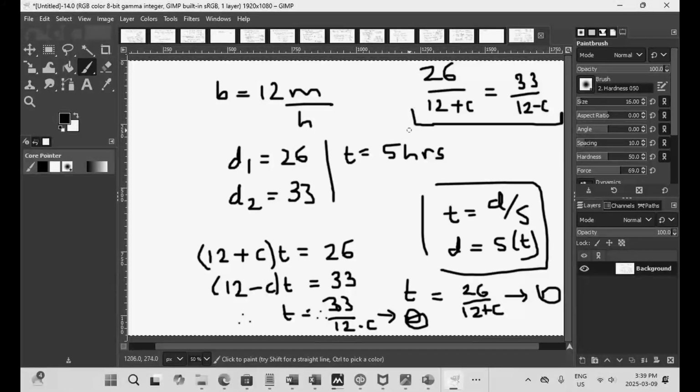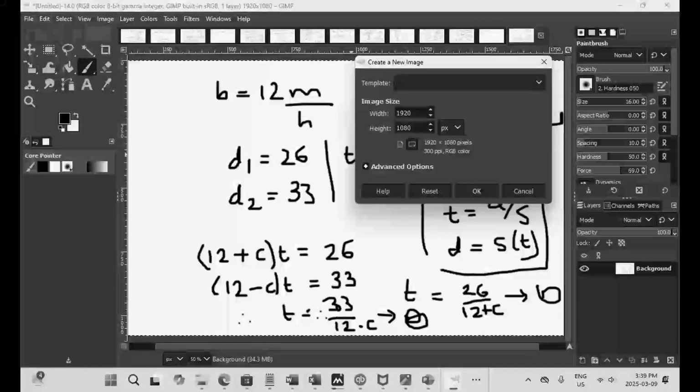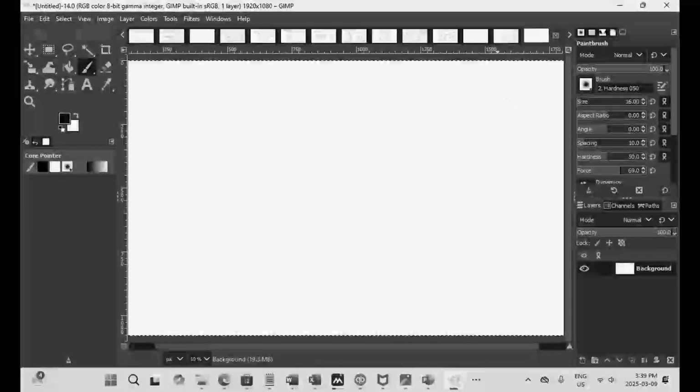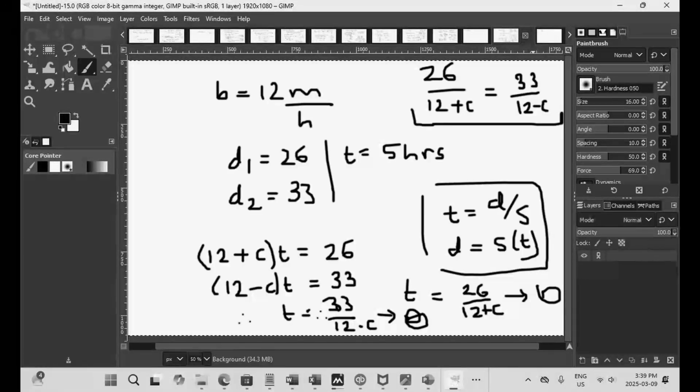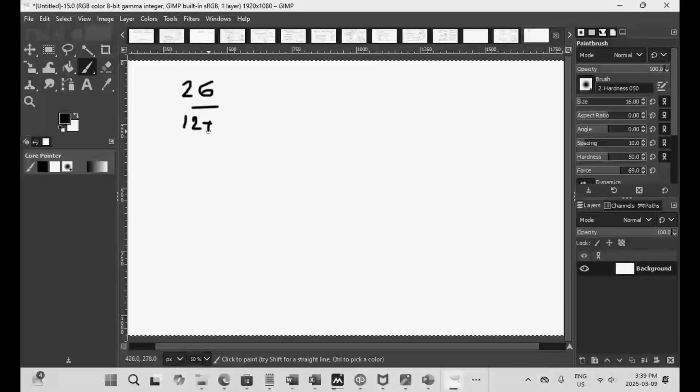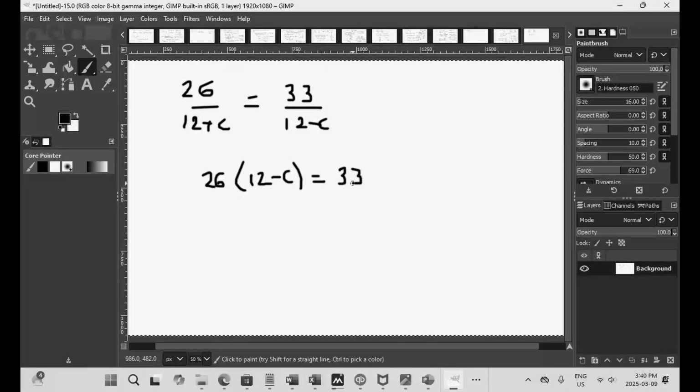In order for you to figure out the value for c, what you're going to do is say, 26 over 12 plus c equals 33 divided by 12 minus c. All right, so 26 into 12 minus c equals 33 into 12 plus c.